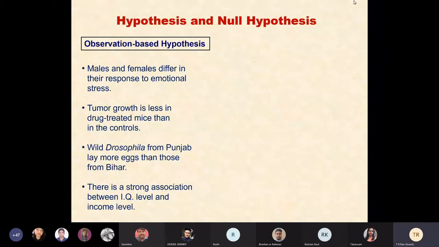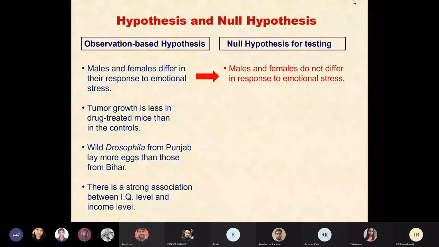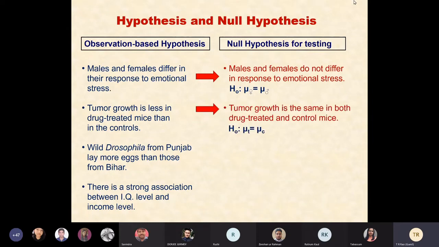Males and females do not differ. Symbolically, we show mu, that is the difference: the response to emotional stress in females is no different from that of the males. Tumor growth is the same in drug treated and control mice.